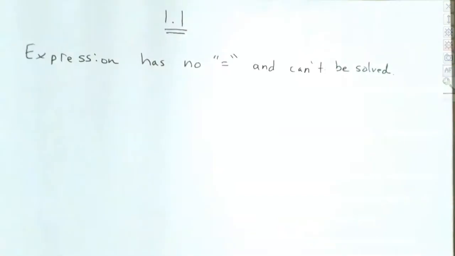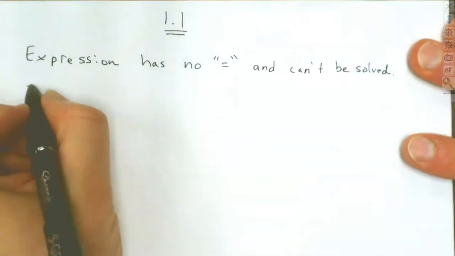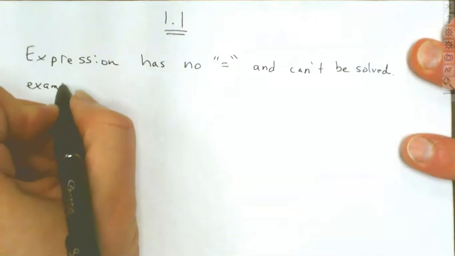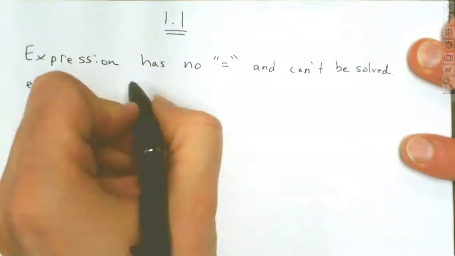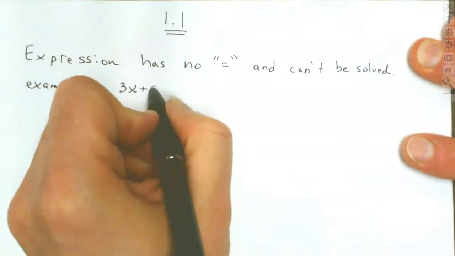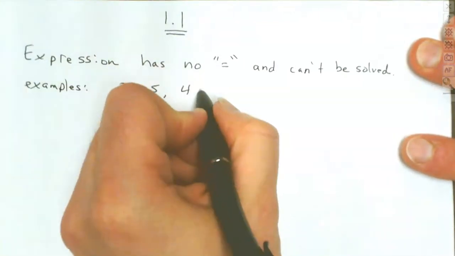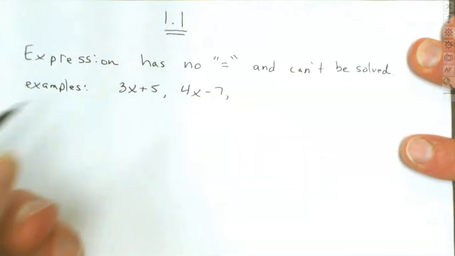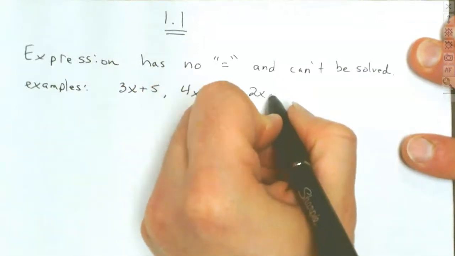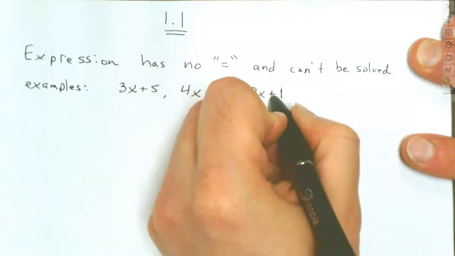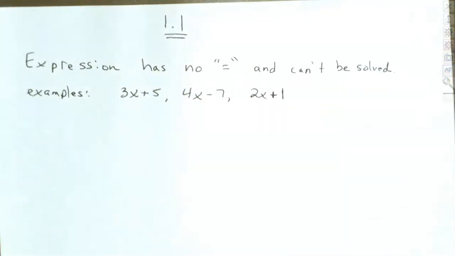So no equal sign and cannot be solved. And let's look at some examples. 3x plus 5. That's an expression. 4x minus 7 and 2x plus 1. So that's the basic definition of the expression.